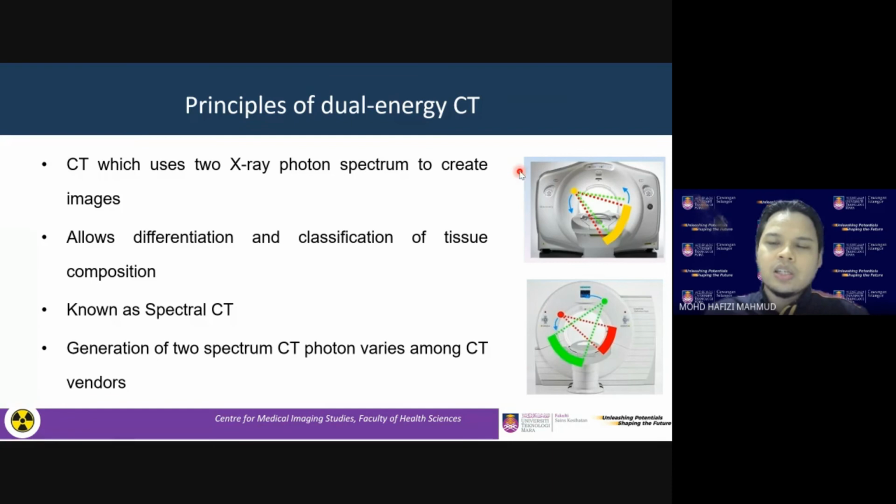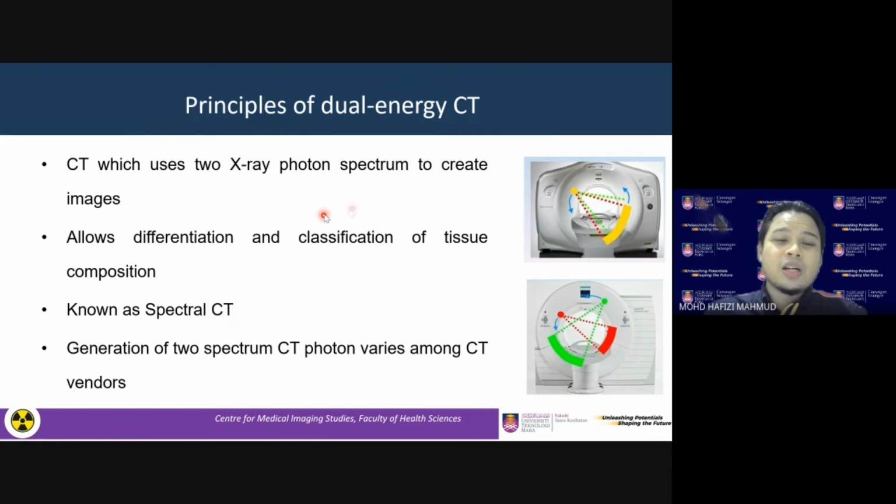Dual energy CT means that it can have two X-ray sources, two tubes, with two different energies. So that's the basic idea of a dual energy CT.